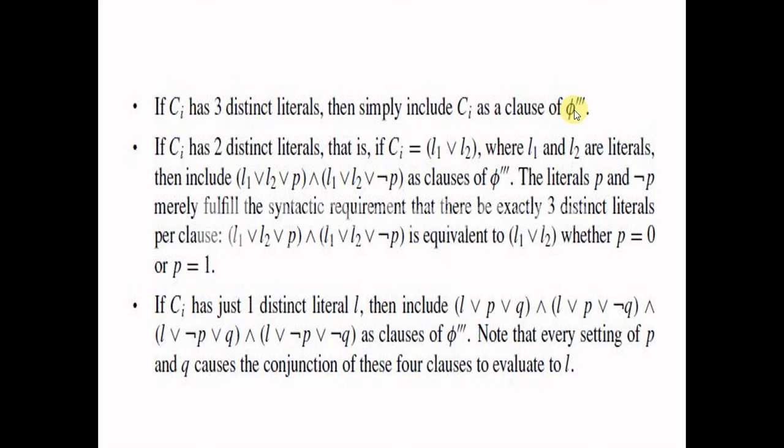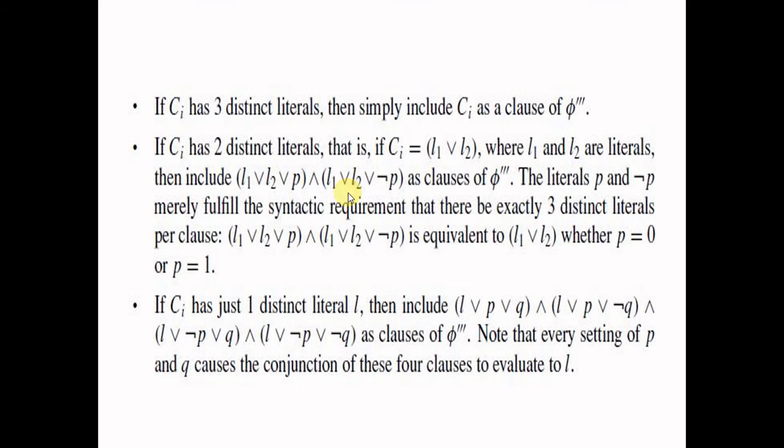If Ci has 2 distinct literals, that is Ci is L1 or L2, where L1 and L2 are literals, then we can include one new auxiliary variable, that is P, and we can rewrite it as L1 or L2 or P, and L1 or L2 or negation P as clauses of phi triple dash. The P and negation P merely fill the syntactic requirement that there be exactly 3 distinct literals per clause.